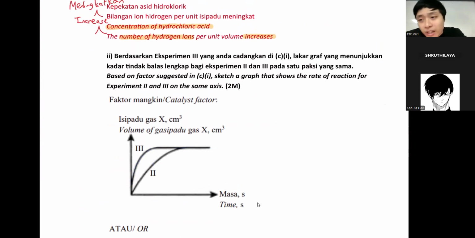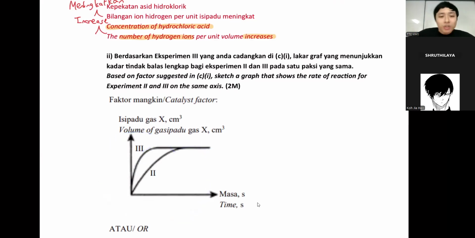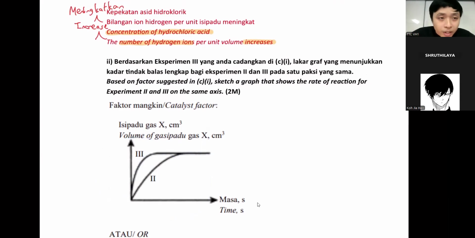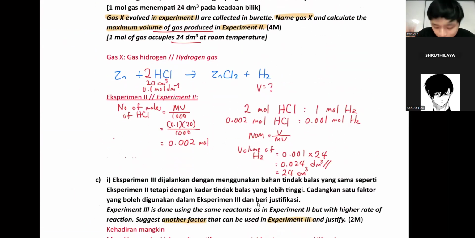But if you adjust the concentration and draw like this, it's wrong, because there's a domino effect. If you change concentration, it means the calculation changes. Now in experiment 2, you will get 24 cm cube. If you touch the concentration, let's say you change this to 0.2, there's a domino effect.